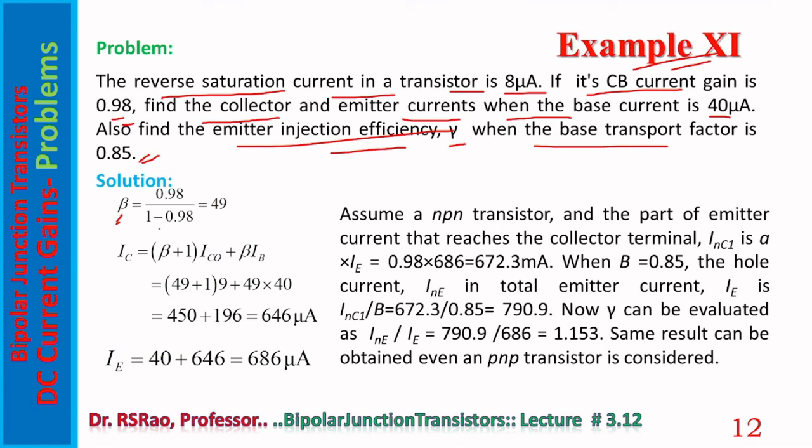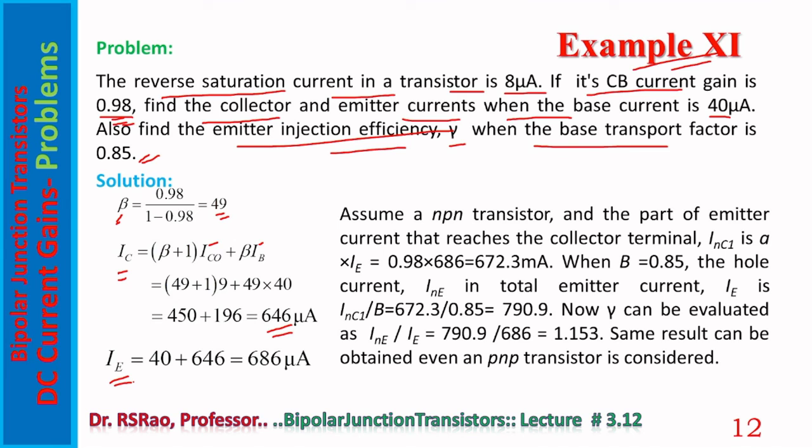Beta is alpha by 1 minus alpha. Alpha is given as 0.98, so beta is known. It is 49 in the present case. Then collector current is (beta plus 1) ICO plus beta IB. Beta is known, ICO is given, IB is given. Substituting the given values, collector current can be found as 646 microamperes.